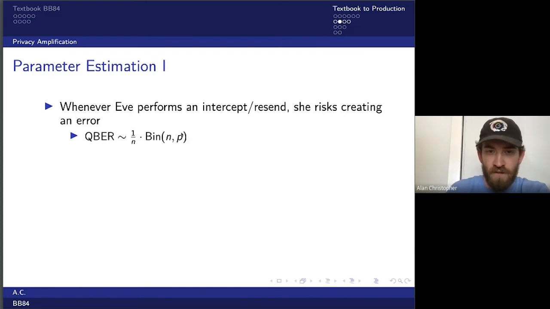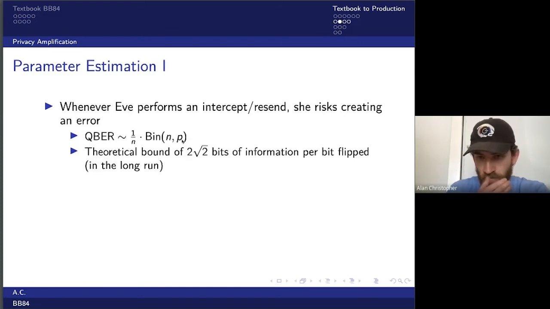But this underlying error parameter can be used to create a theoretical bound on the amount of information that Eve has gleaned from your secret. So there is a link at the end of this presentation to a Springer paper, and they go through it in considerably more detail. But the number that we're going to care about here is 2 root 2.